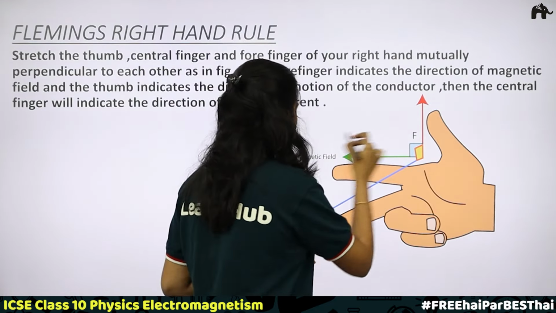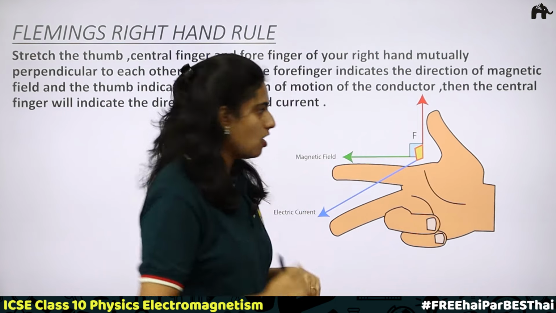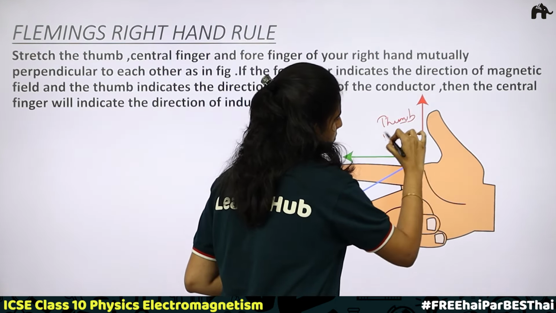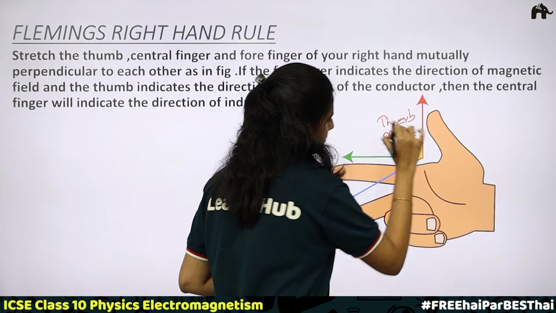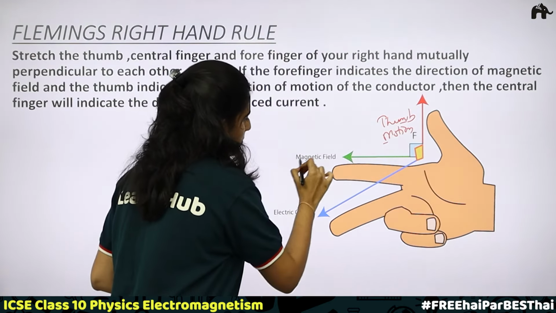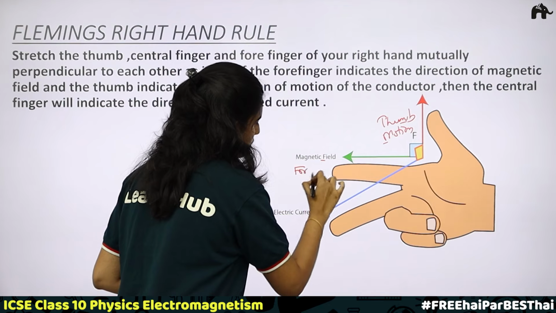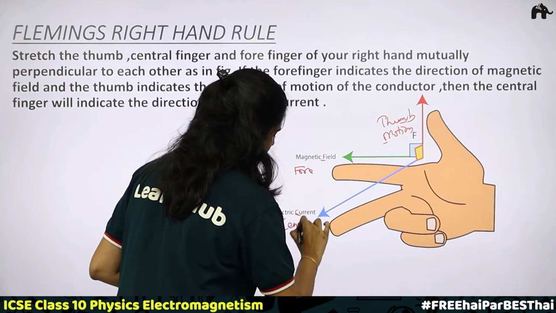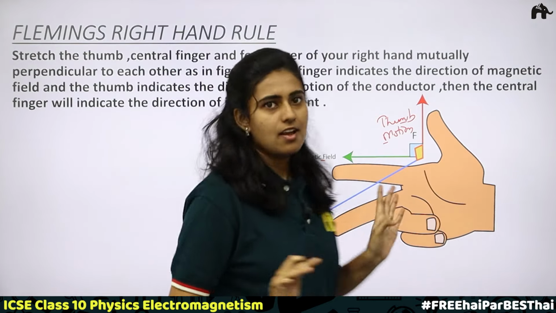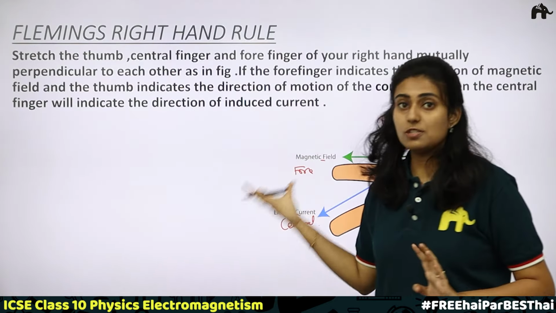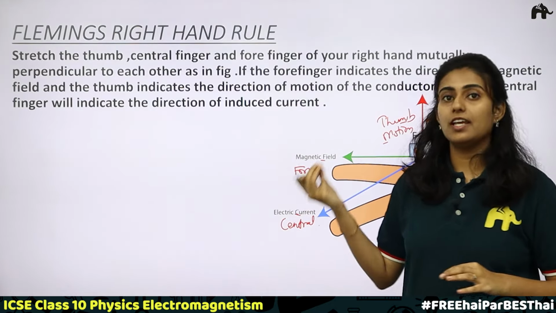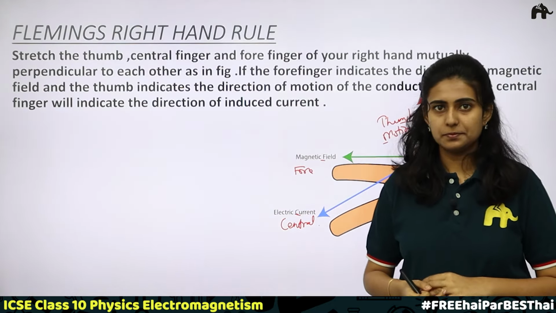The same rule, that is father, mother, child: thumb, motion; forefinger, magnetic field; central finger, current. Using this code you can remember. So you can use Fleming's right hand rule in order to find the direction of induced current. Clear?